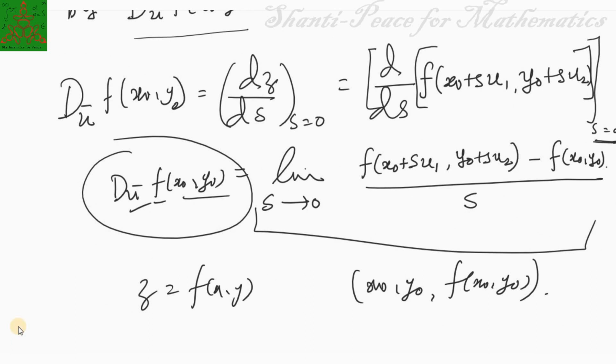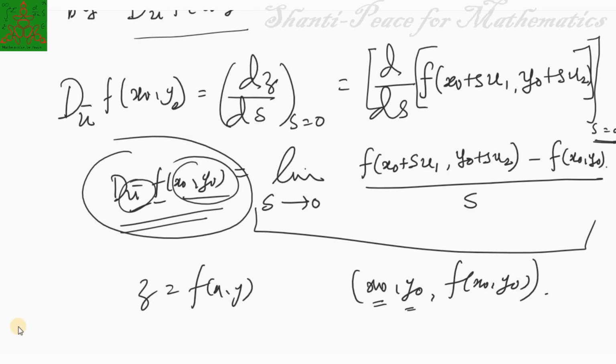Usually this directional derivative depends on both the point (x0, y0) and the direction you have. Thus at a fixed point, the slope of a surface may vary with the direction.